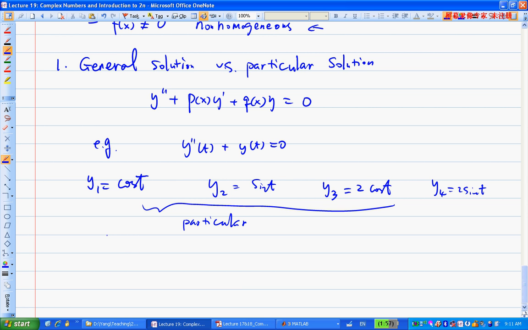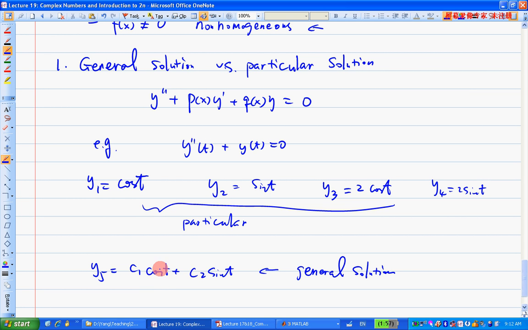What I can tell you is if you let y equal c1 cosine t plus c2 sine t, what is this? It's a constant c1 times cosine t and a constant c2 times sine t. We'll be able to prove that this is a general solution.